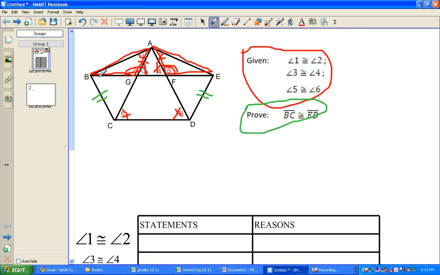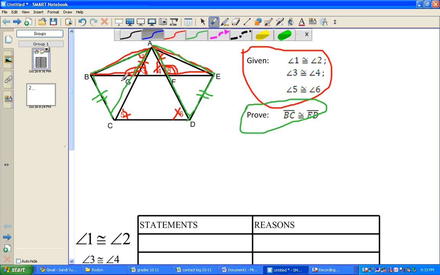But one of the ways which I like to do would be putting the triangle ABC right over here. If we can prove that this triangle is congruent to AED, then we should be able to answer our question. Now, how are we going to do that? How are we going to prove those two green triangles are congruent?